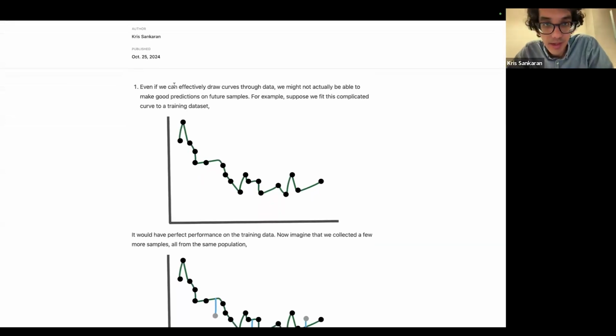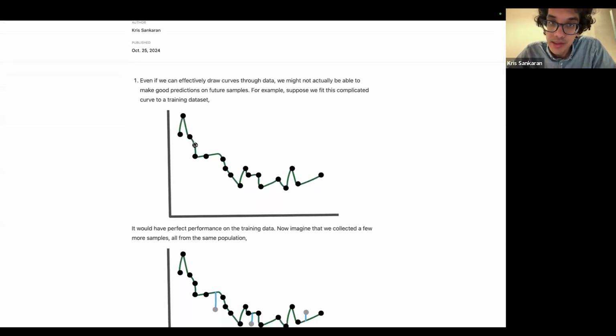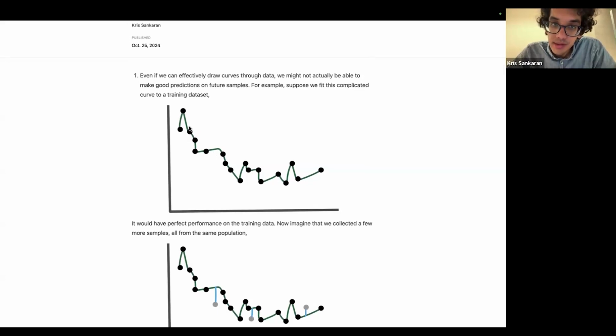Just some background noise. So take this example, the same data set from before, but now this curve just interpolates the data. You can imagine this curve is not nearly as useful as the ones that we drew before, which smoothly go through the data.